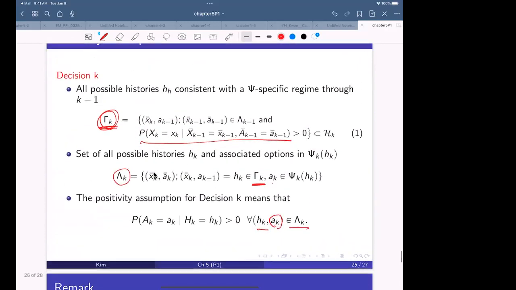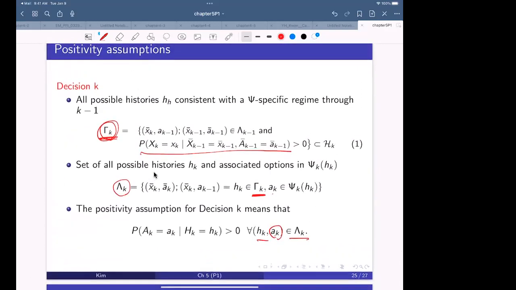Yeah, sure. So here, given history, we should have an optimal decision. But this positivity says that the probability of taking any decision is not zero. So it means that it will not take the optimal. Here, these are all the possible options, and then we use the potential outcome.